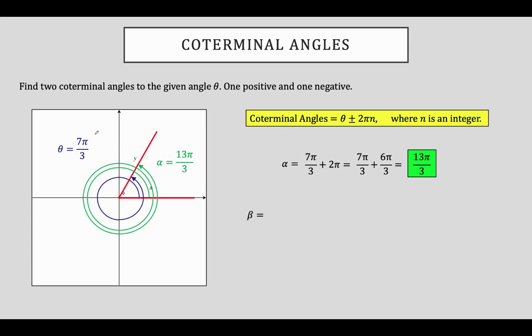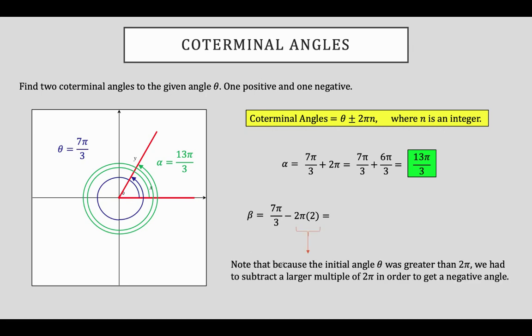Instead, we have to subtract the next multiple of 2 pi, which would be 2 times 2 pi, or 4 pi. As we just said, because the initial angle theta was greater than 2 pi, we had to subtract a larger multiple of 2 pi in order to get a negative angle. You could substitute this 2 with a 3 or a 4 or any other integer if you wanted to, as long as it's not 1.